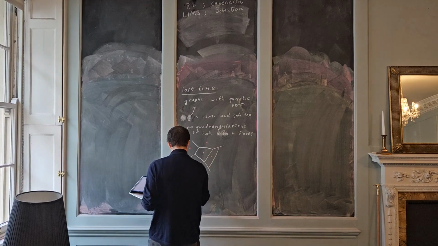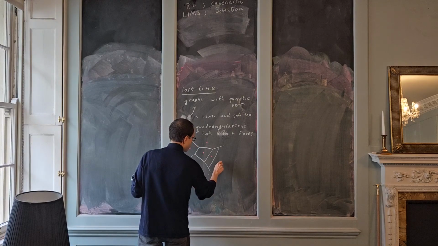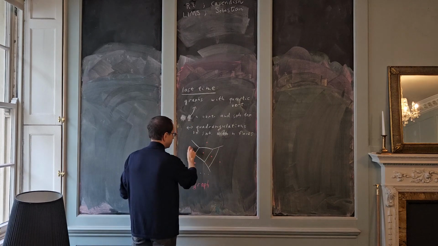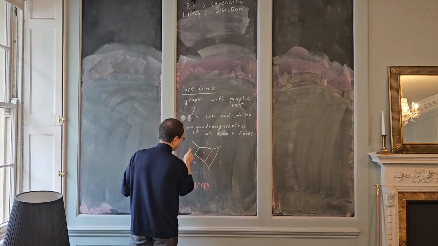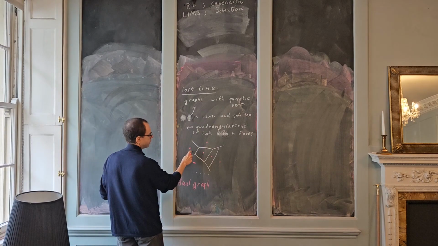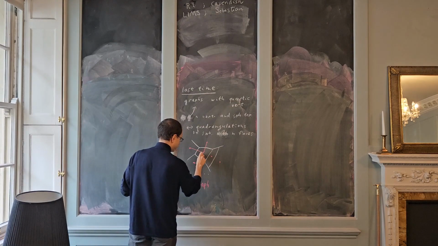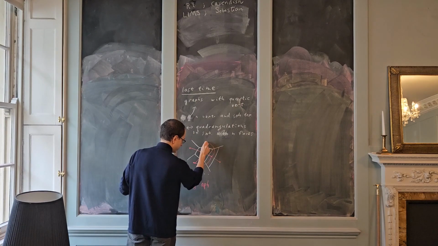This will be what's known as the dual graph. And then I connect the vertices of the faces that have a common edge, like this, here, here, here, and so on.